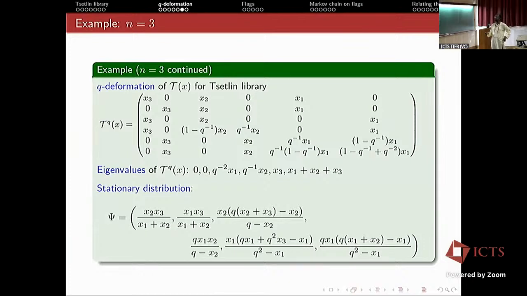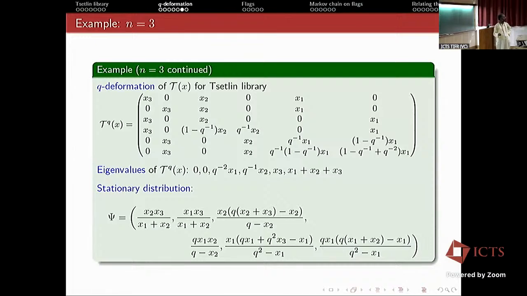To give you an example, going back to the same example, these two eigenvalues have their values modified by q, and the stationary distribution looks like this. So some factors are modified by q.